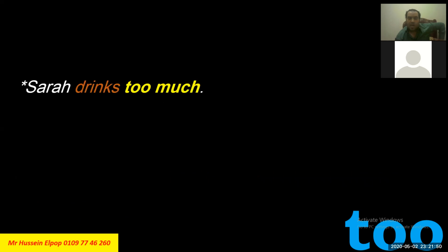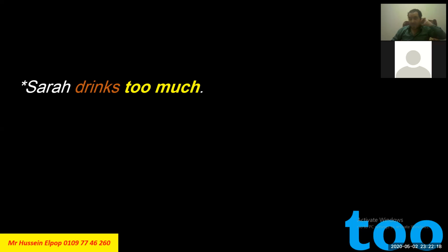So it's the same. Sarah drinks too much. Okay. Same. We're talking about where the word comes in the sentence. Does it come after something, before something? Explain to me. Too much.